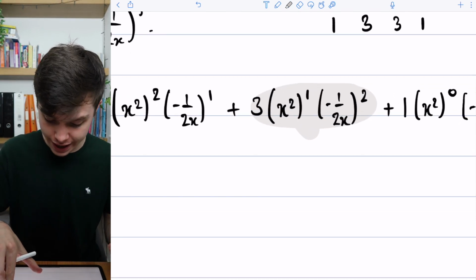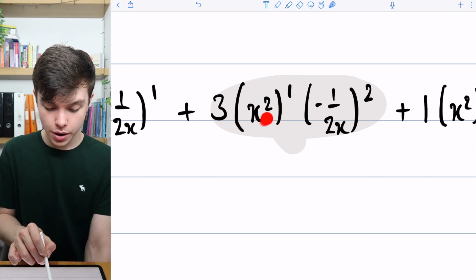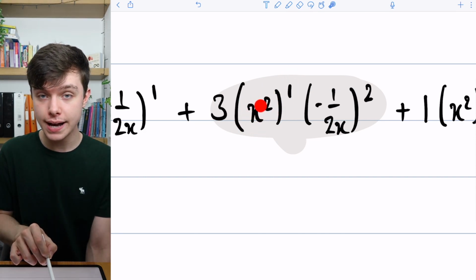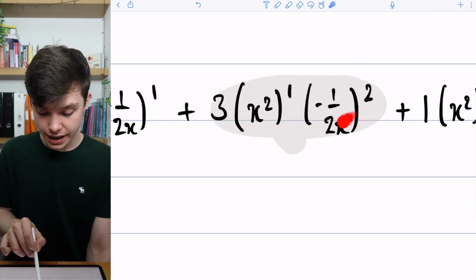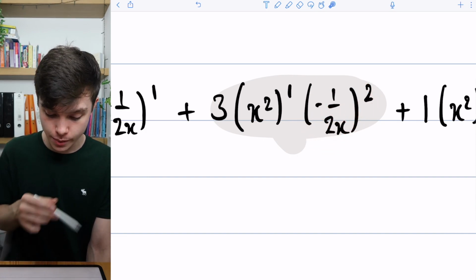Now, why is that? That is because I have in the first term here x squared to a power of 1. We don't need that power of 1, so it's just x squared. And then this second term here is to a power 2. So I'm going to have 2x all squared on the bottom to give me 4x squared.